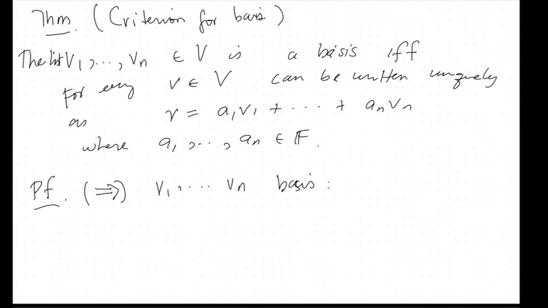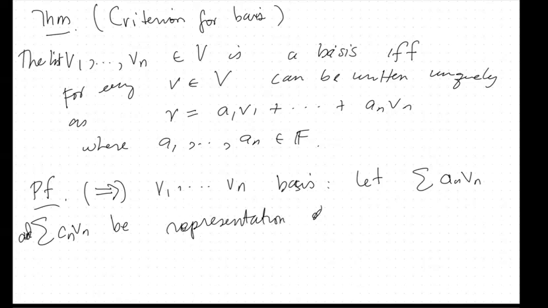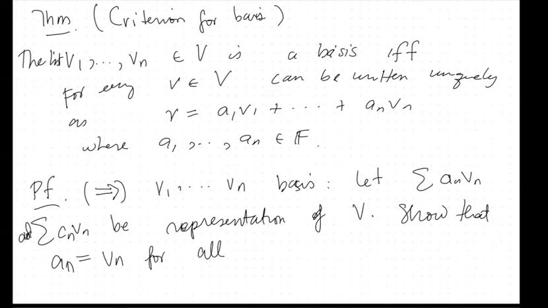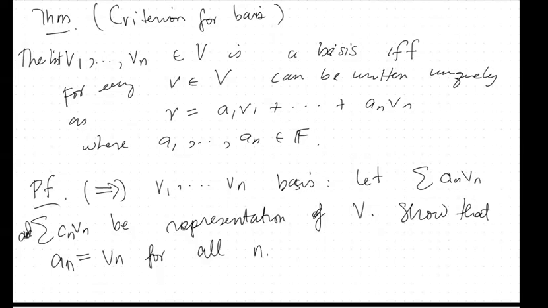The step is to show: let us consider a1 v1 plus up to an vn and c1 v1 plus up to cn vn be representations of our v, and show that ai is equal to ci for all i from 1 up to n.